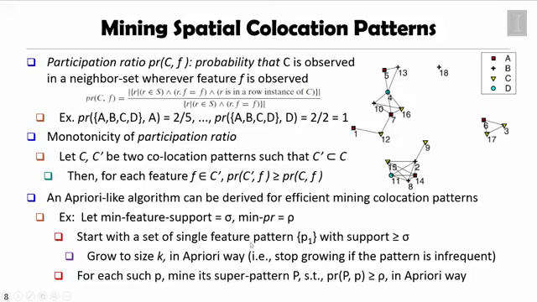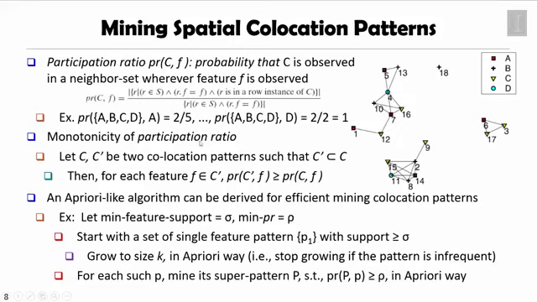That means from single feature patterns, we find 2 feature patterns, 3 feature patterns, growing up to size k. Anytime we can stop if the pattern is not frequent anymore, because once it's not frequent, its super pattern will not be frequent. This is simply based on the Apriori principle.